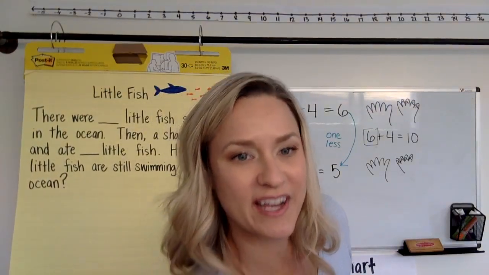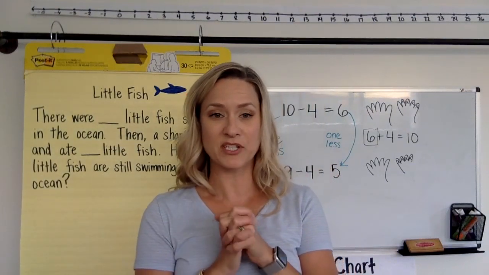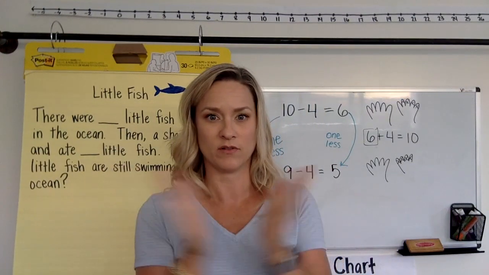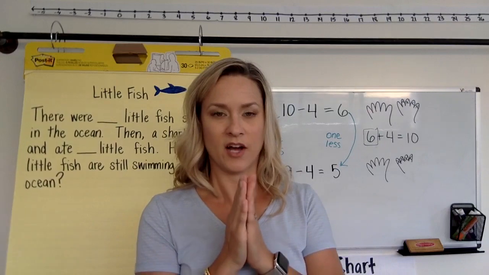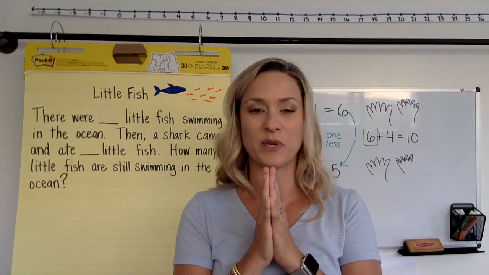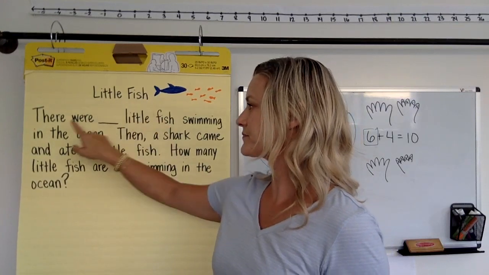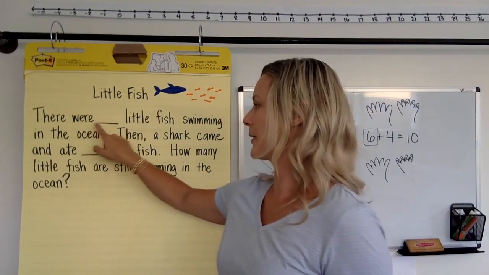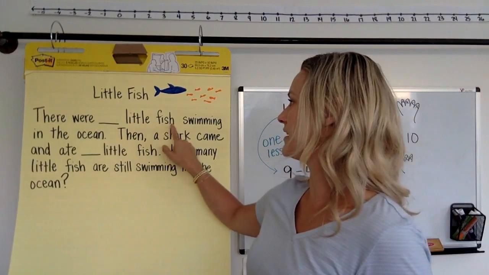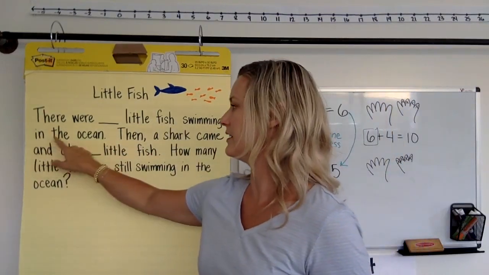Okay, here we are going to try out our story today. And our story is about little fish and, watch out, sharks. Okay, so let's read our story together. Will you read it with me? Little fish. There were some little fish swimming in the ocean.